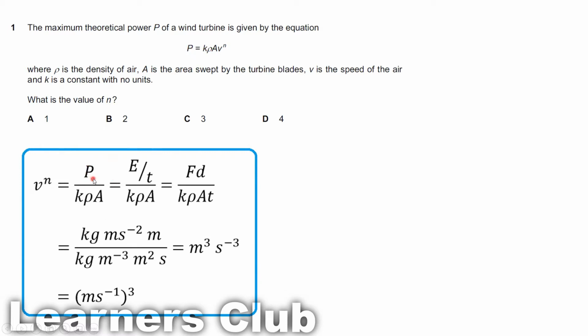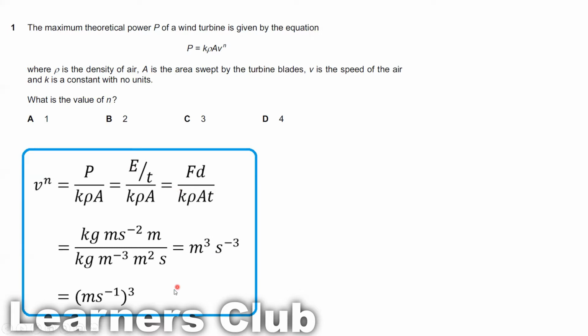Now power is energy over time, so I have written E over T. Energy is the product of force and displacement. This T remains as the denominator. The next step is to convert all these quantities to their SI base units.